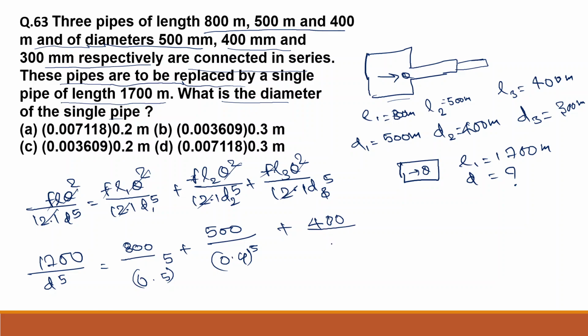D3 is given 300, so we will convert it into meter. We will get 0.3 to the power 5.